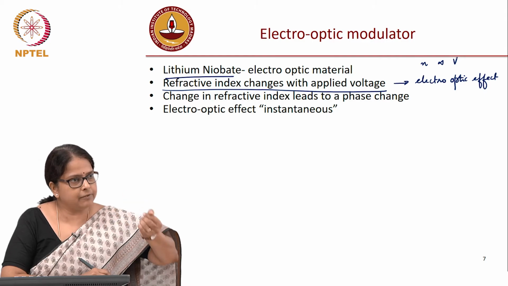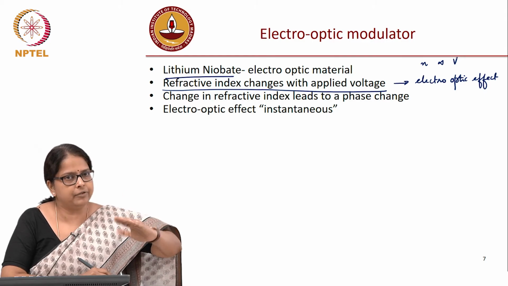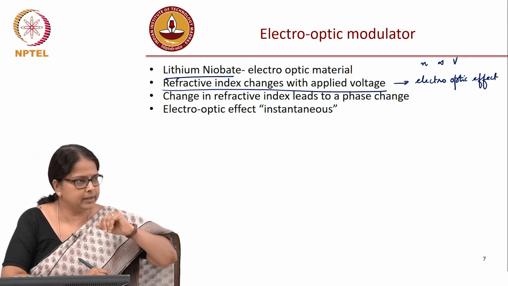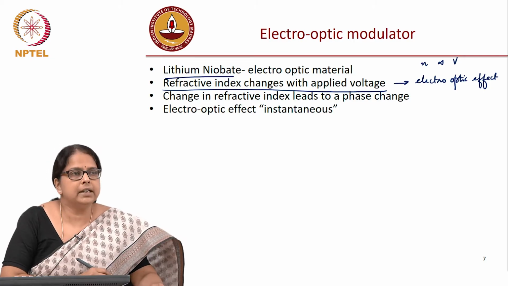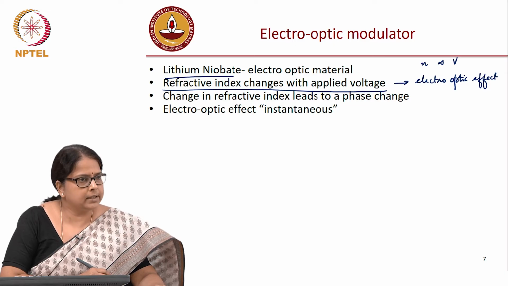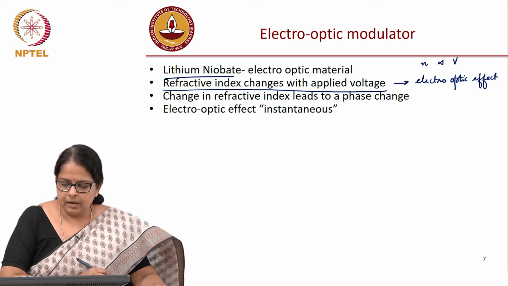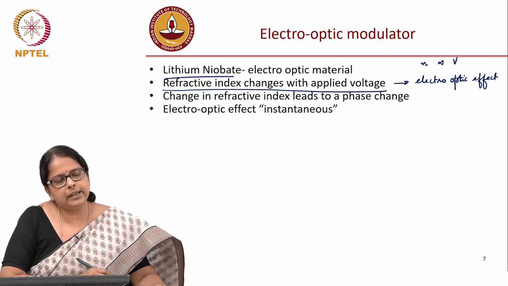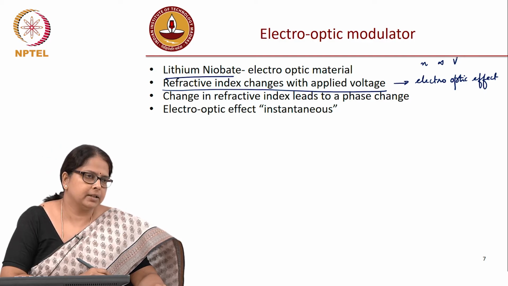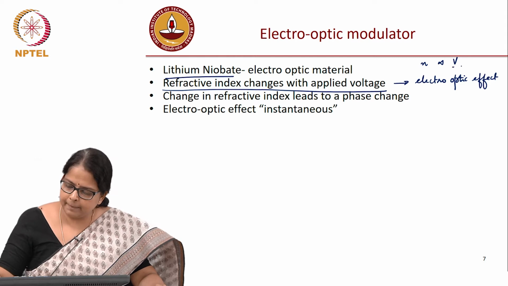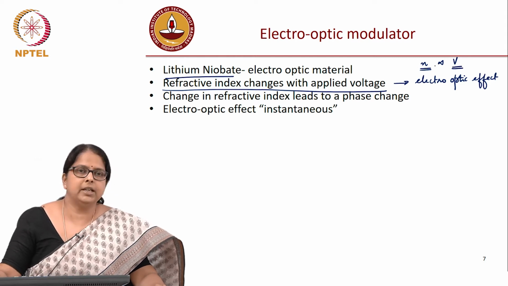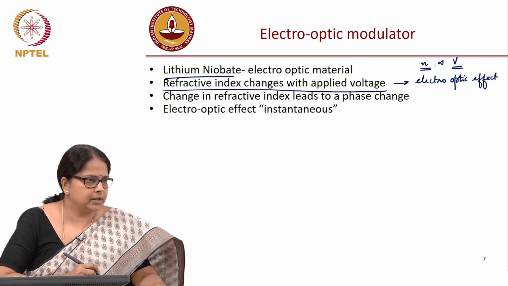The change in refractive index produced is different for different polarizations and so on, right. But as far as a system is concerned, let us say n is proportional to the voltage that we apply. Now, we know that a change in refractive index means a phase change. So, when I apply a voltage, the refractive index changes, so the phase changes.